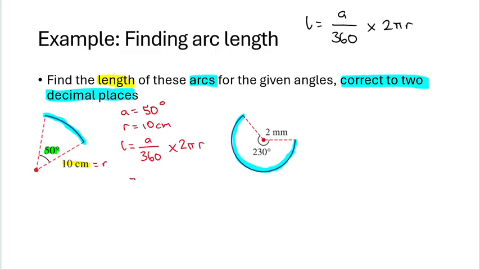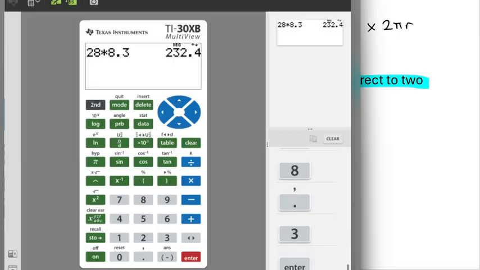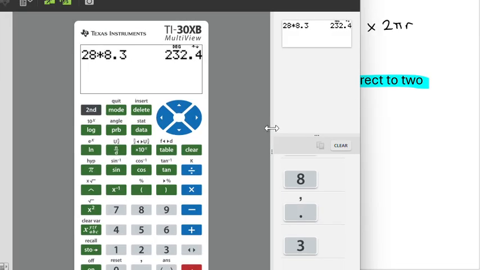So this would just be 50 over 360 times 2 pi. And what I do here is I put the radius in brackets. The next step is to use your calculator. Hopefully you all can see that.